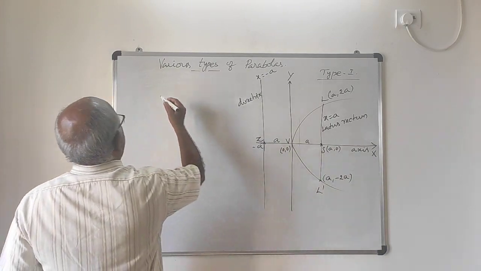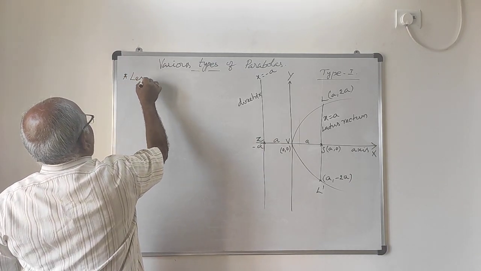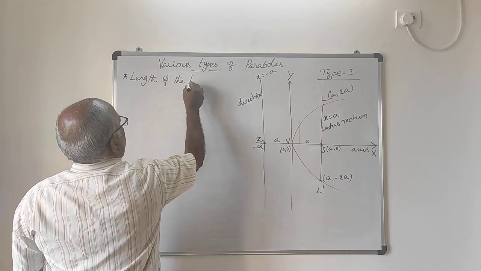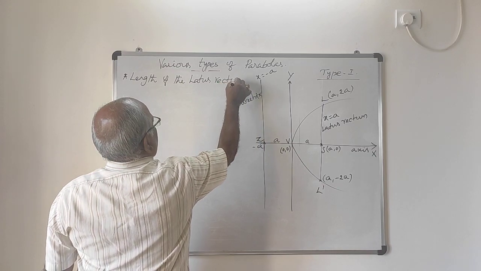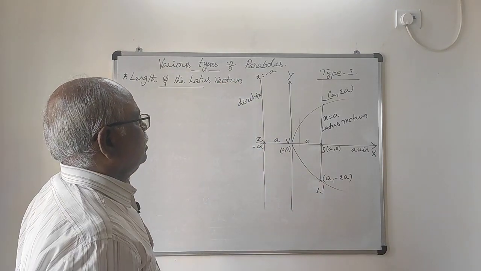Next, we have to find the length of the latus rectum of the parabola, L L dash.